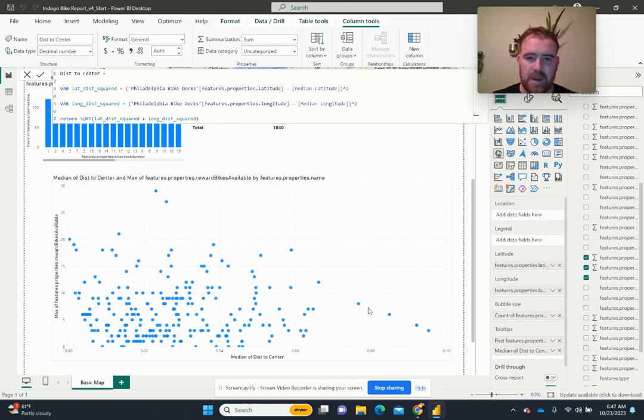It does look like we have some smaller stations farther out, but otherwise it's really hard to suss out any relationship on any of these that are closer. But this still bothers me, this distance to center being not in understandable units. I'm used to meters or kilometers, or probably more like miles, since I'm an American.